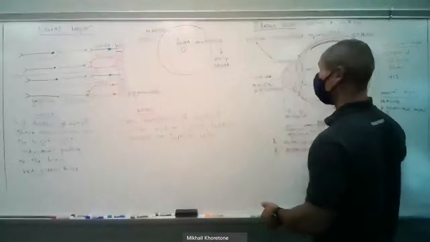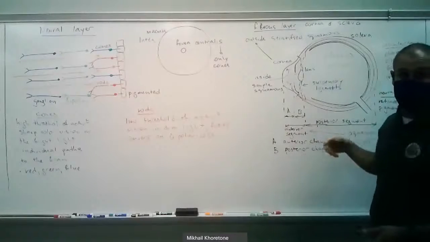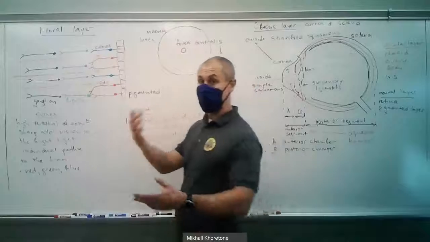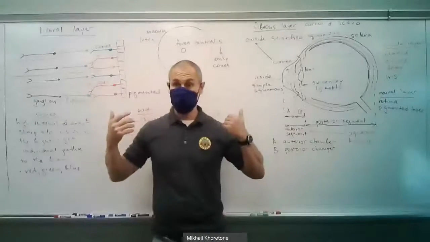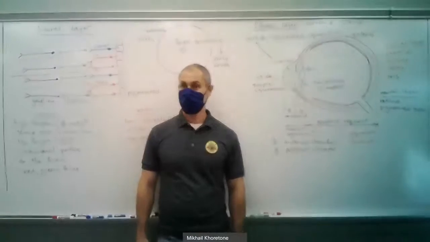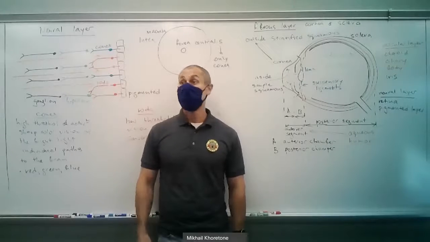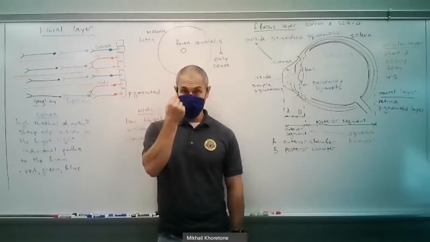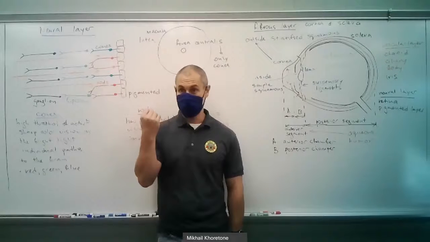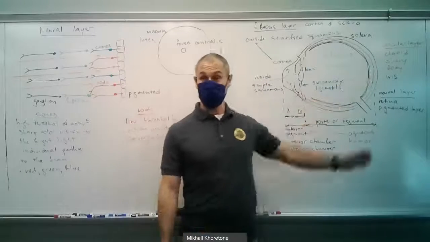The pigmented layer here and the choroid layer here absorb all that light that gets through, preventing light scattering. Does it make sense to you? By the way, this is why the pupil looks black when you look into it, because all light is absorbed inside of the eye.